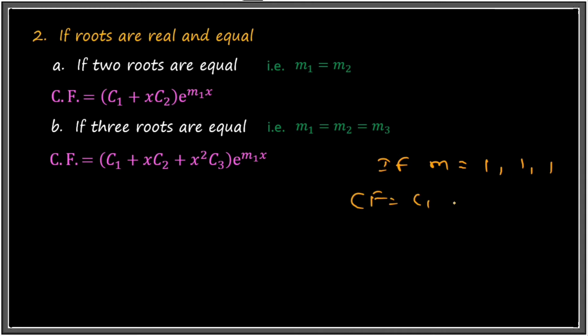So therefore the CF equals (C1 plus xC2 plus x square C3) into e raised to power x, the power is x into 1. So that is for three roots equal.